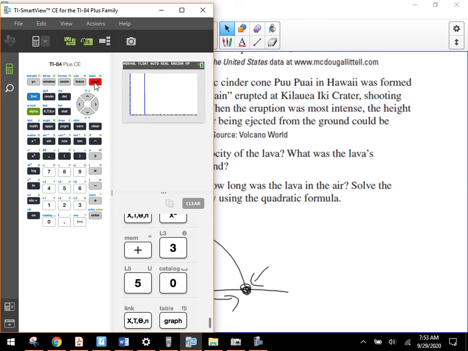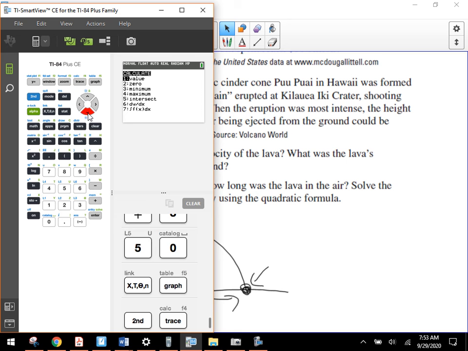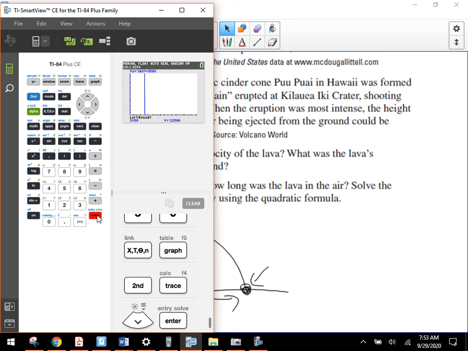Oh, my graph was all messed up from earlier anyway, so I need to calculate that zero. So remember, second trace, we're going to calculate zero, enter it. Left bound, we've got to figure out where we're at. Oh, my y value is negative, so I have to move to the left. Try to find out where my y value becomes positive. Might take a little while, because I had to reset my calculator.